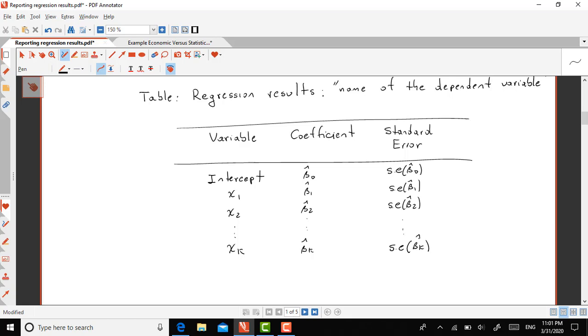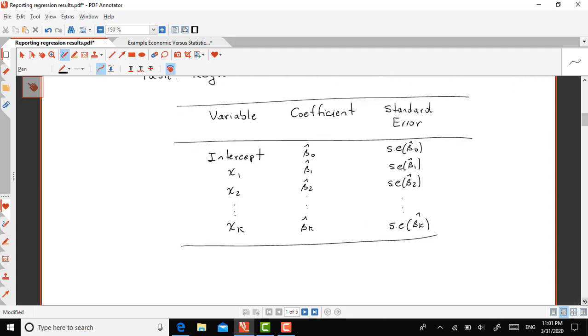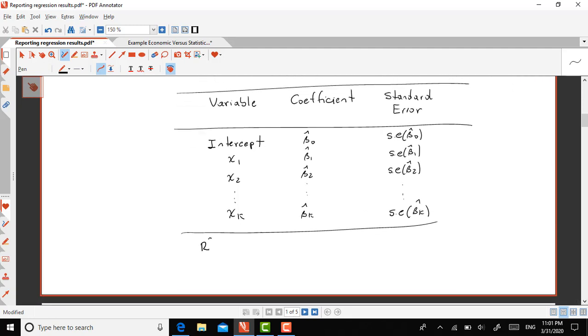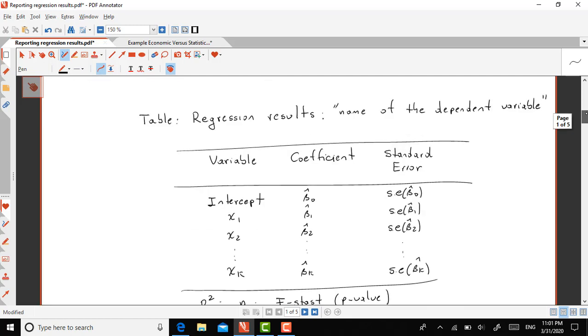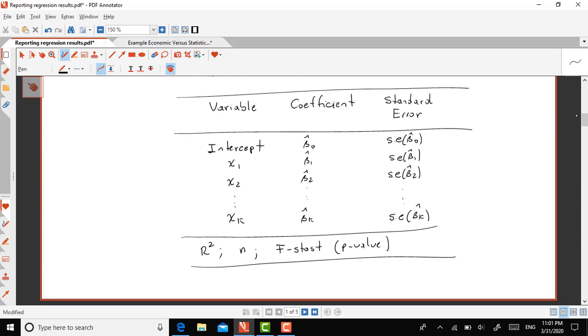Okay, so we have that. And again, as before, we need to add the R-squared and the F statistic and the corresponding p-value between parentheses. Now, in addition to that, when we have the table form, we usually also need to provide information about the level of significance of each of the variables.